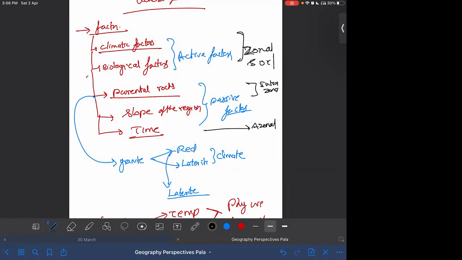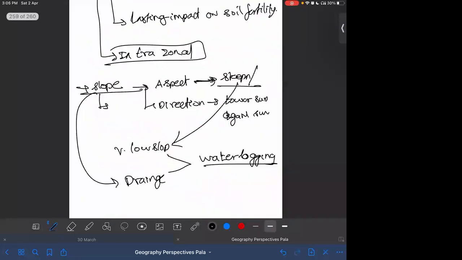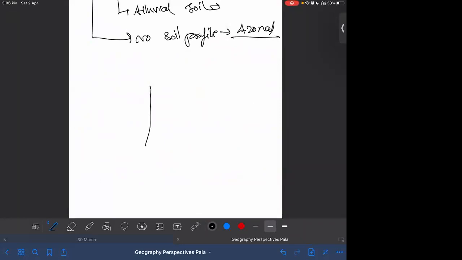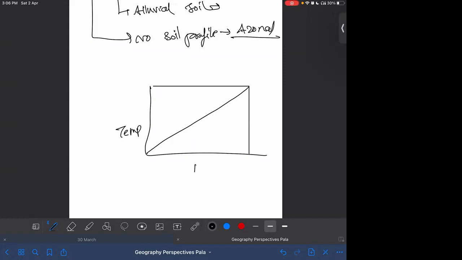So there is even a diagram that we usually draw. I don't think it is of much utility here, but I'll just show you how this diagram is drawn. Basically representing the relationship between temperature and rainfall.